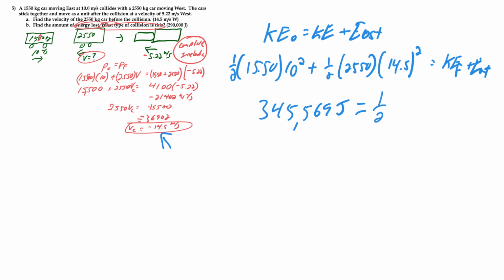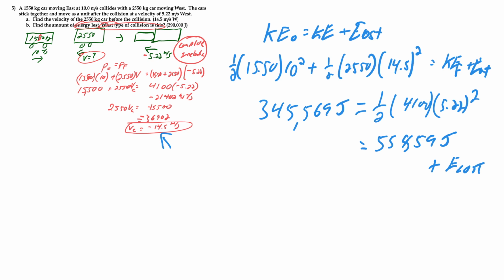Plus, so that's going to equal 1/2 times 4,100 times the final velocity was 522 squared. Okay, so we'll do that math out, and I get about 55,859. So you can see we end up with way less energy than we started with.